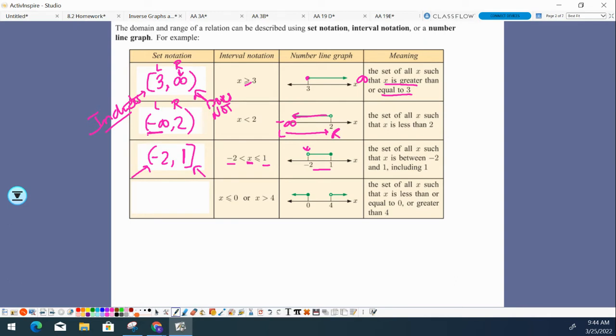And then the way to write this next one, see how it goes all the way to the left. So I go from negative infinity all the way up to 0, including 0, and then I'm going to union it with 4, not included, all the way up to infinity. Okay, so this is the difference between set notation and interval notation.